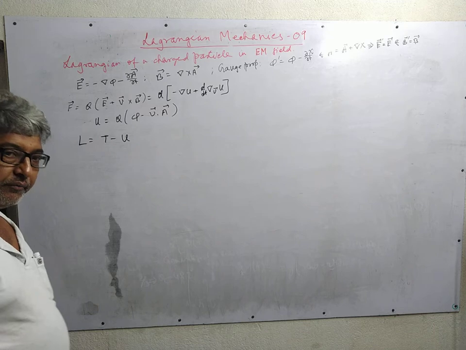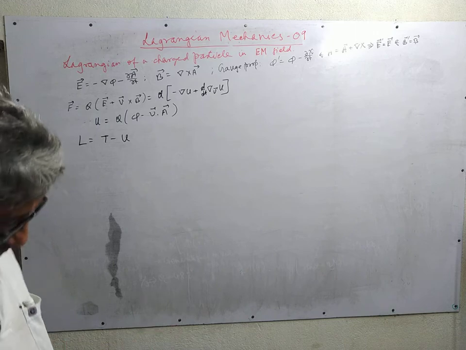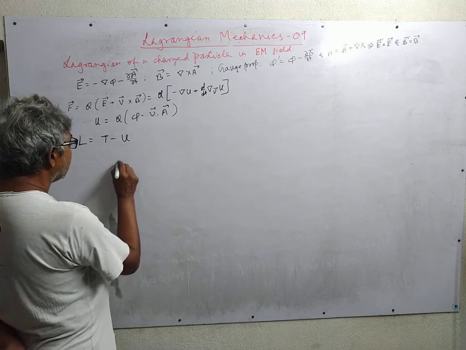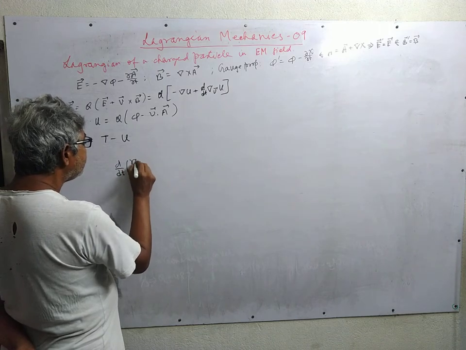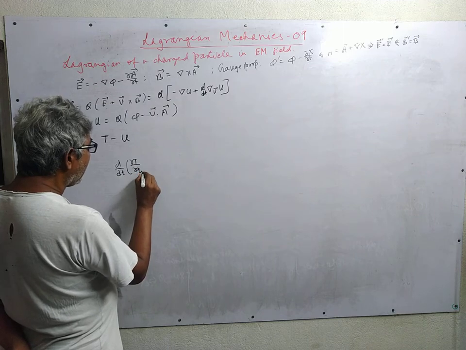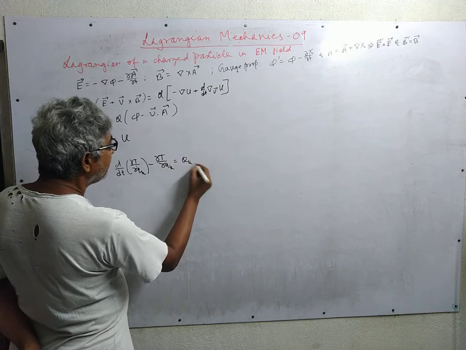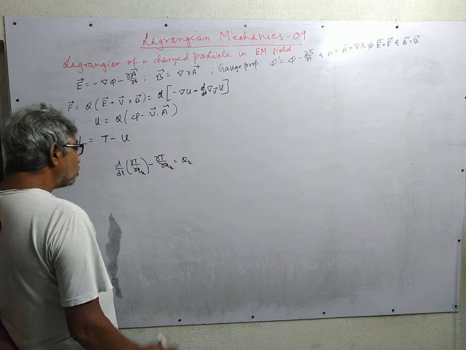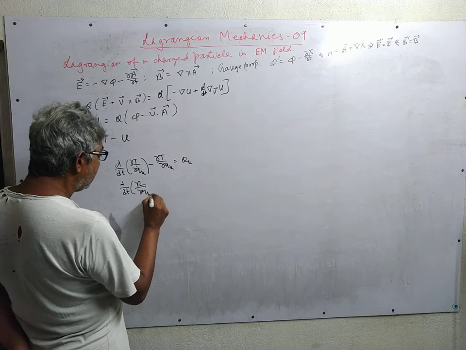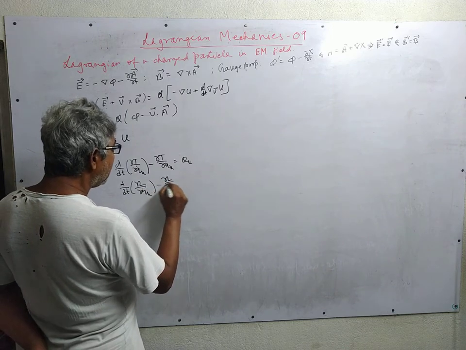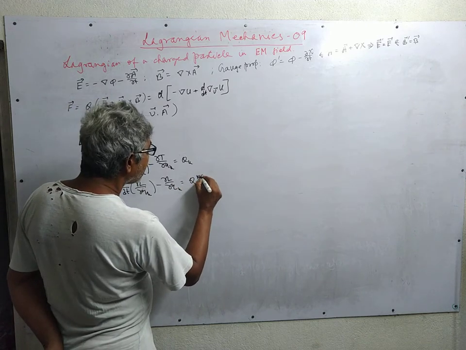Recall that there are different methods for handling the non-conservative force. Let me remind you that this can be written as d/dt of del T del q_k dot minus del T del q_k is equal to Q_k when the force is completely non-conservative, or we can write it as d/dt of del L del q_k dot minus del L del q_k is equal to Q_k non-conservative.